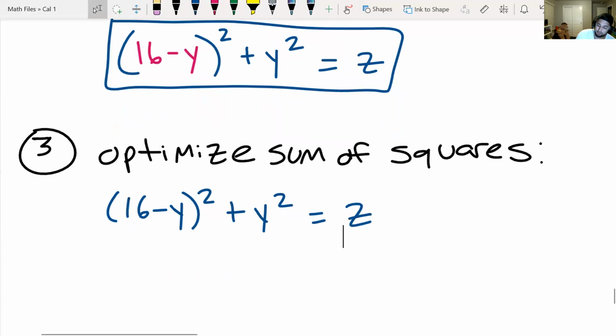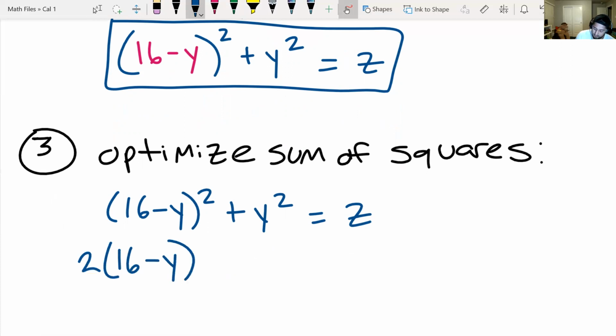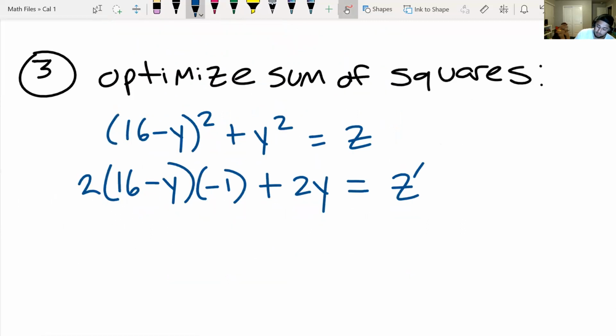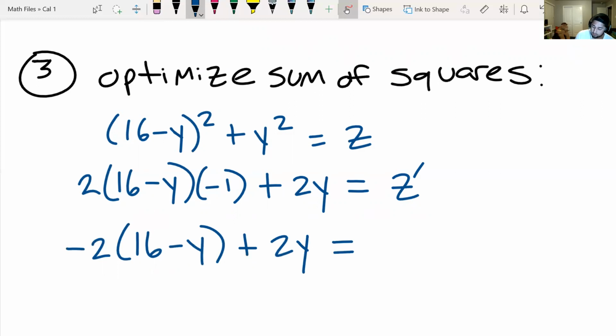Now, if I take the derivative with respect to y, I must chain rule the first part. So this becomes 2 times 16 minus y times -1 plus 2y equal to z prime. And then this becomes -2 times 16 minus y plus 2y equal to z prime.